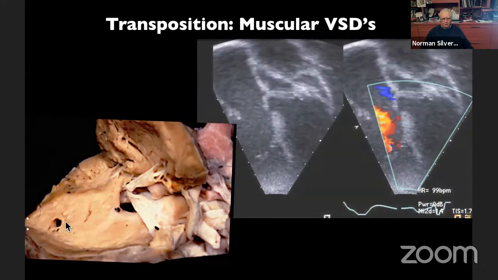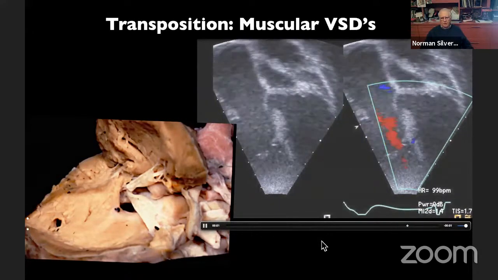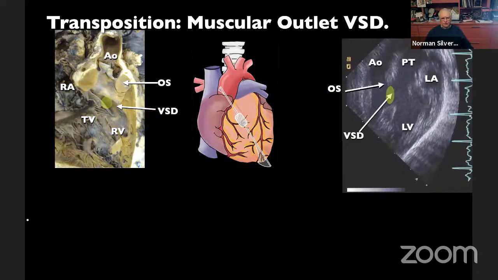So you see a small apical muscular ventricular septal defect here, which is what I'm trying to identify for you here, and large ventricular septal defects. Here is the aorta, the outlet septum, so it's overriding the ventricular septal defect.